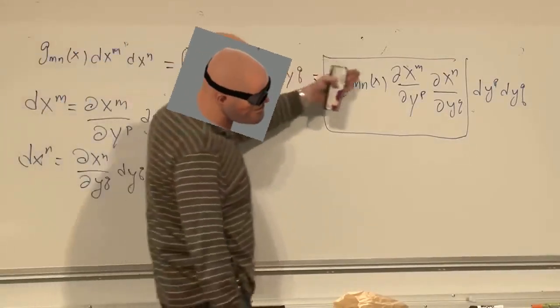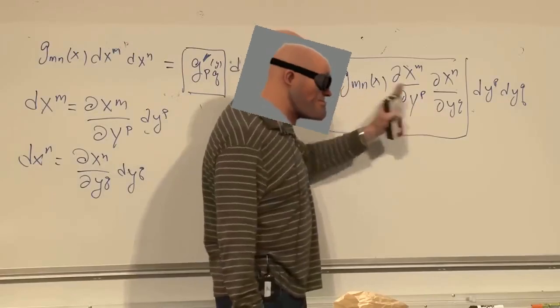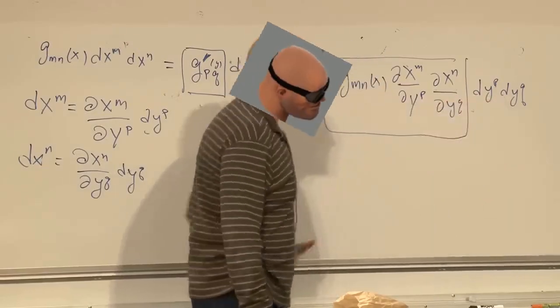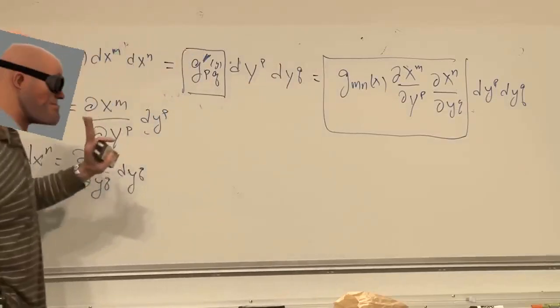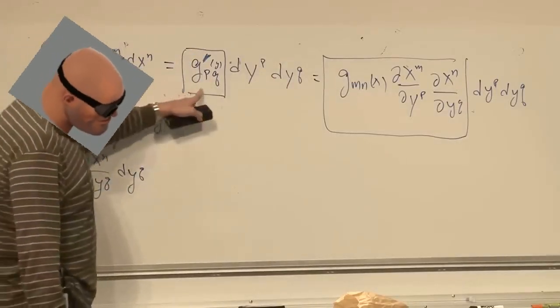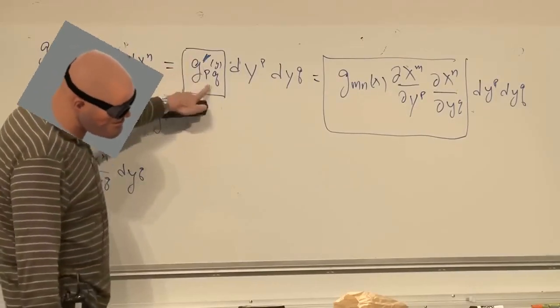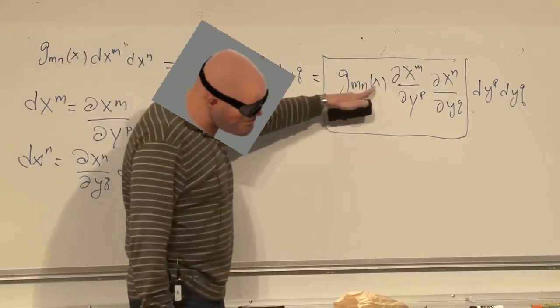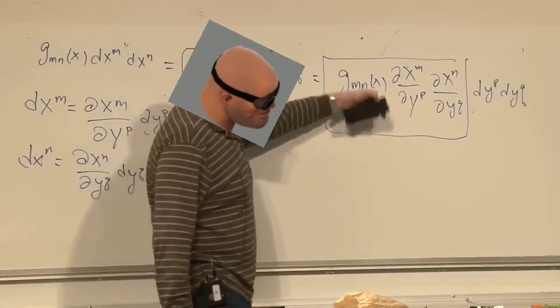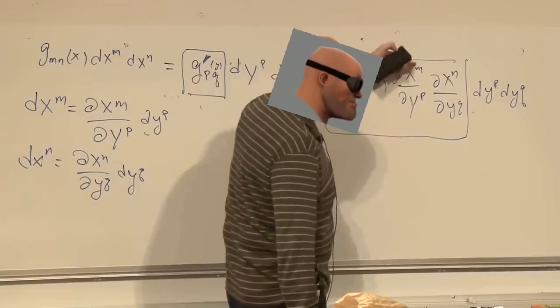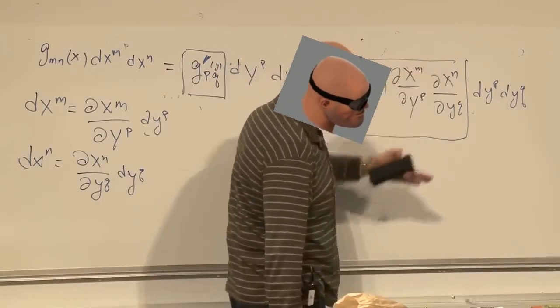This is the set of objects, the PQ objects, which you multiply by dyp dyq to find the length of the vector. And so we found the transformation property. The metric tensor in the primed frame is given by the metric tensor in the unprimed frame times our good old friends dx by dy times dx by dy.